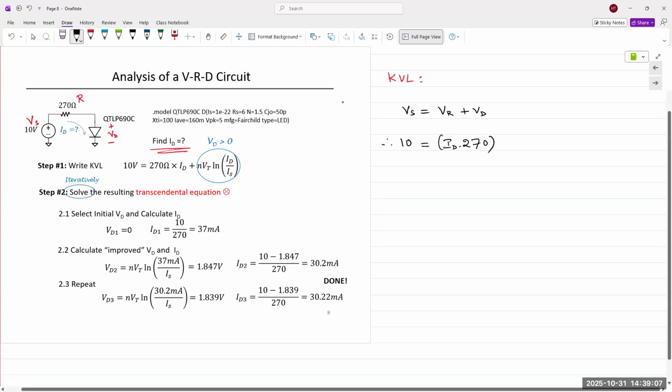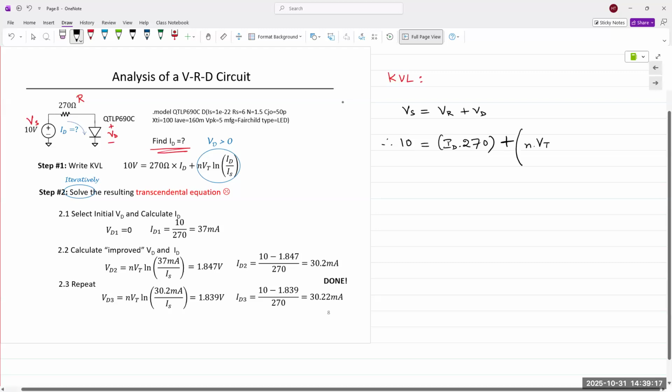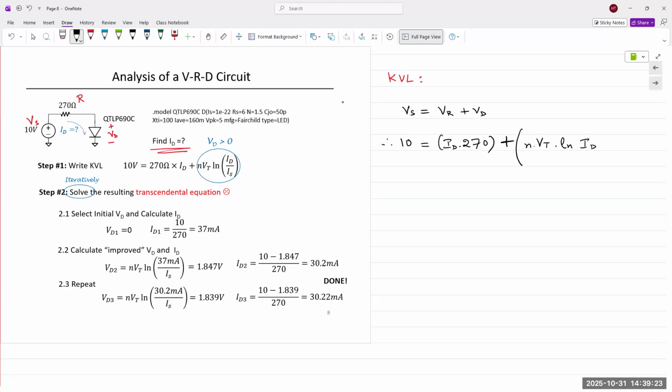And then our diode equation for voltage, you can write down as N Vt times Ln of ID over Is.